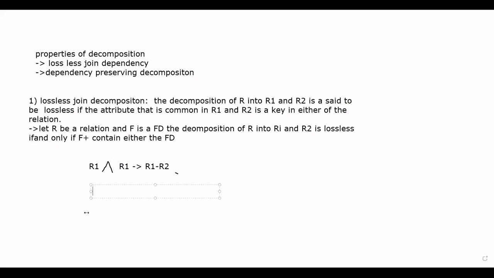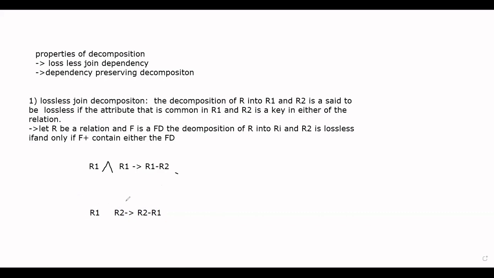And there is one more formula, that is R1 intersection R2 tends to R2 minus R1. This formula is very important. With this formula only you can solve it.